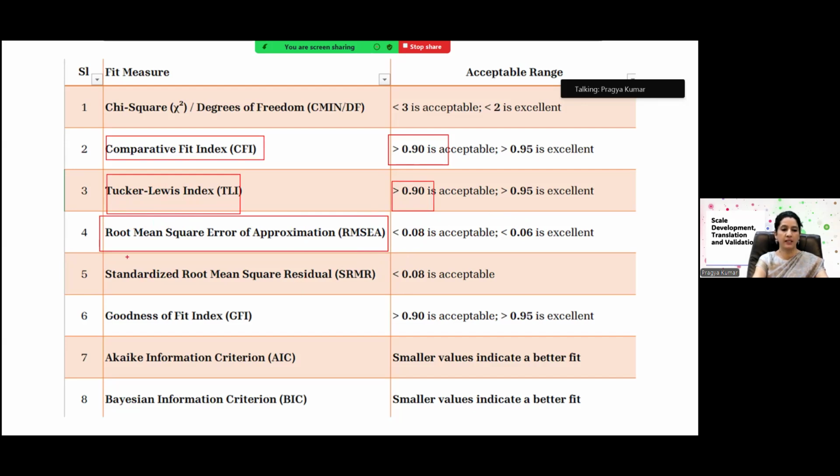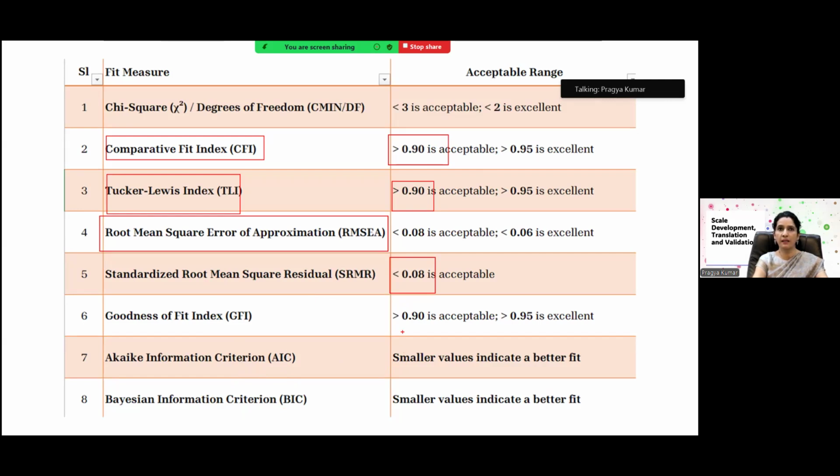Similarly, for SRMR, the standardized root mean square residual, the value should be less than 0.08. There's also the goodness of fit index, which should be more than 0.90. And there are the Akaike information criterion and Bayesian information criterion, AIC and BIC, but again, these need to be compared with the previous model.